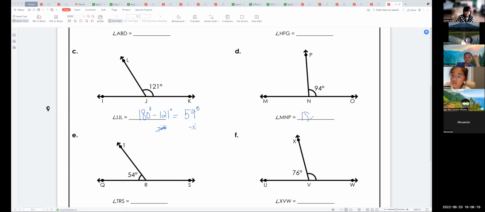So this one is 180 minus 94 equals 86 degrees. 86 degrees, very good. And the next one is 180 minus 54 equals 126 degrees. And the last but not the least, 104 degrees. Understand?